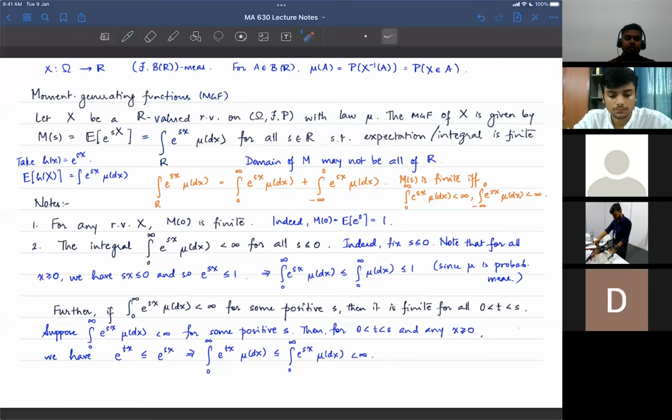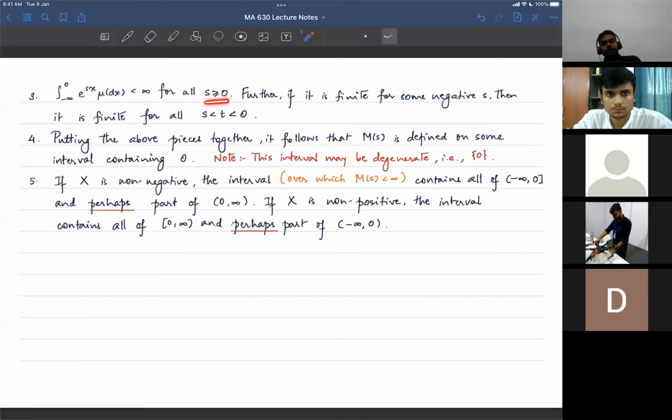Now, there is a kind of mirror image of that argument. If you look at the integral from minus infinity to 0 of e to the sx mu dx, one can show that for any s greater than or equal to 0, this is finite. Can someone tell me why?